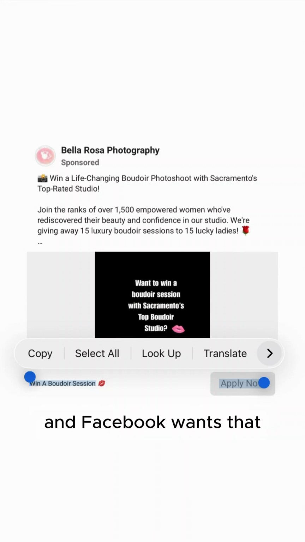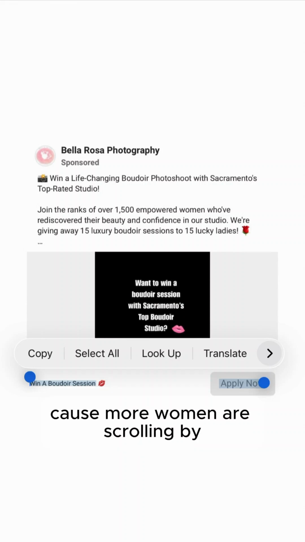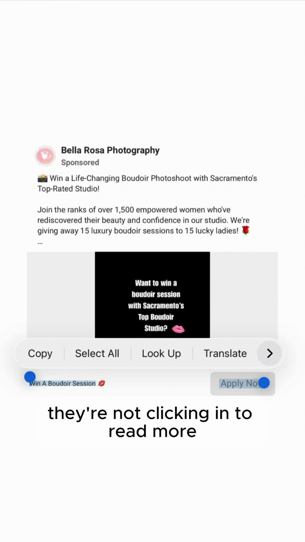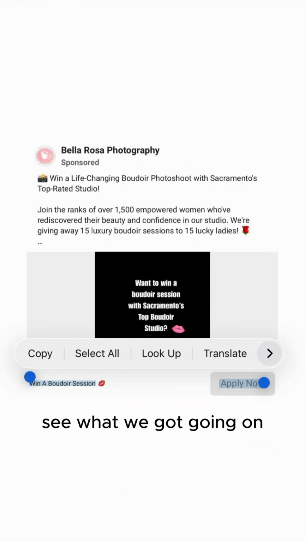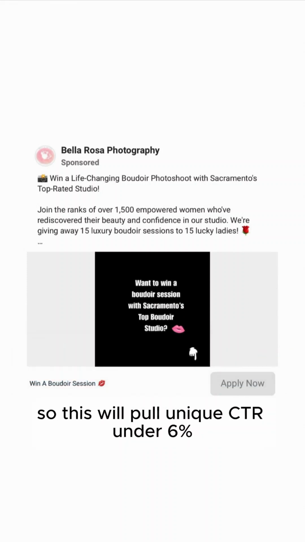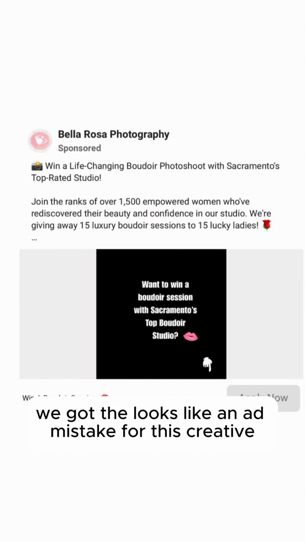And Facebook wants that because Facebook can serve more ads per unit time because more women are scrolling by our ad per unit time. They're not clicking in to read more, see what we got going on. So this is good for Facebook, bad for us. So this will pull unique CTRL under 6%. We got the looks like an ad mistake with this creative.